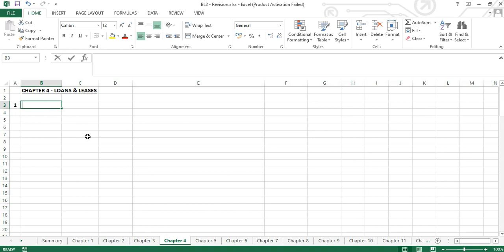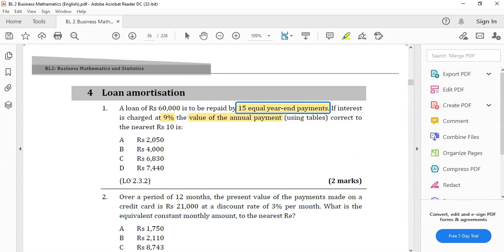What you should do is first write up the present value of annuity formula, which is annual cash flow multiplied by the annuity factor. The annual cash flow is what we are supposed to find, isn't it? Yes.